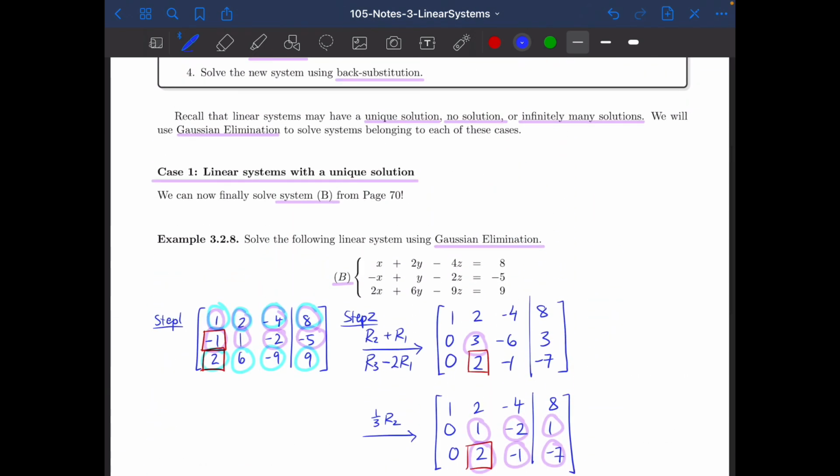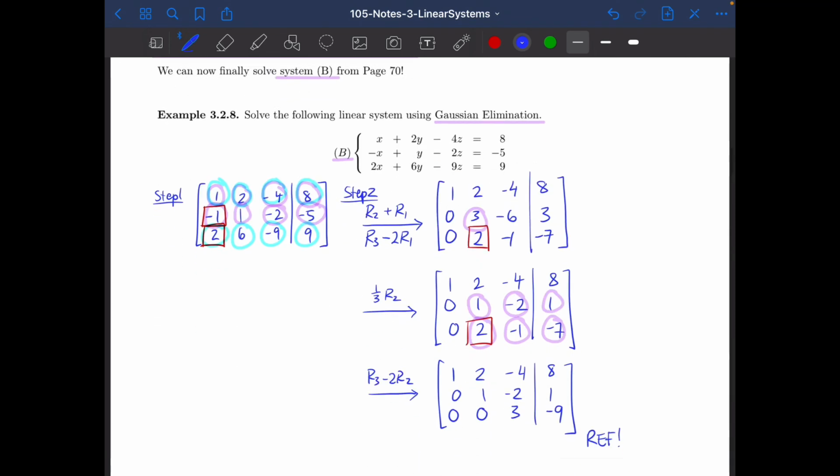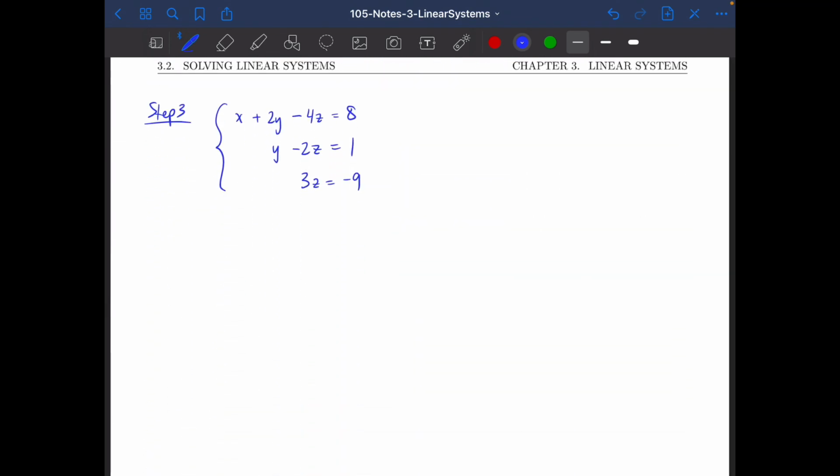Step 4 is to solve the new system using back substitution. I'll number my 3 equations, 1, 2, 3. I'm starting with equation 3. 3z equals minus 9. I can solve for z. z is equal to minus 3.